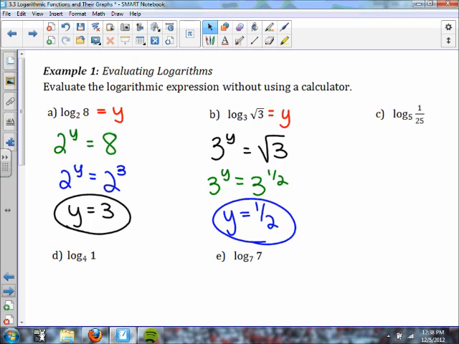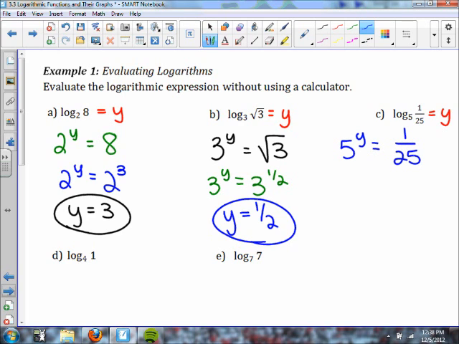What about letter C? It's going to equal y, right? So that means 5 to the y is equal to 1 over 25. Can I rewrite 1 over 25 as something with 5s in it?